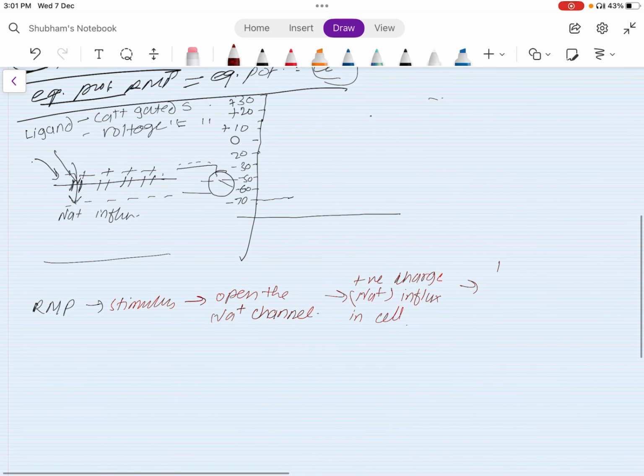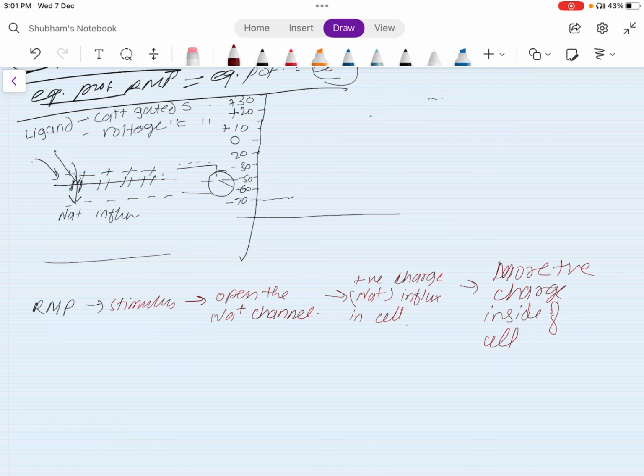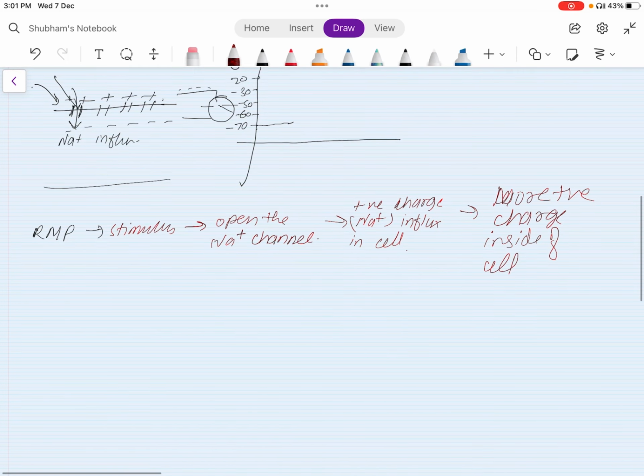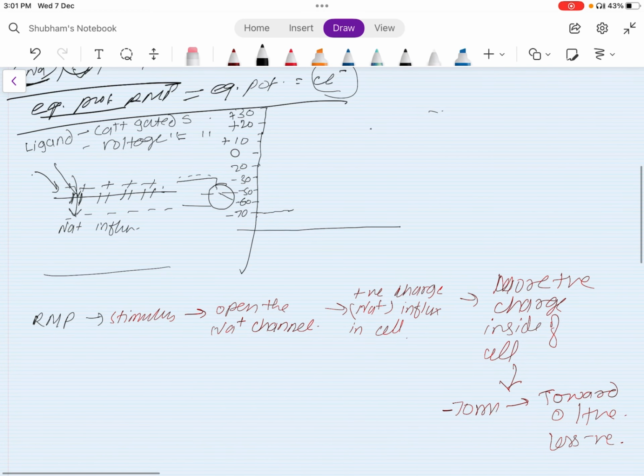There is more positive charge inside of the cell. Okay, so now what will happen? The charge which was minus 70 millivolt will go towards 0 or positive, right? Because it's becoming less negative. This charge becomes minus 70 to minus 60, minus 60 to minus 50, right?